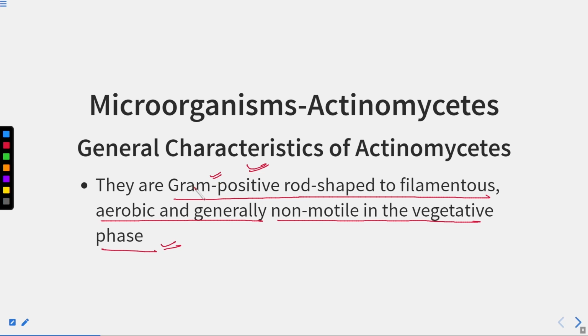They are rod-shaped to filamentous. Sometimes they are less rod-shaped and sometimes they are long filaments, and these filaments are sometimes branched also. They are aerobic and generally non-motile in the vegetative phase.